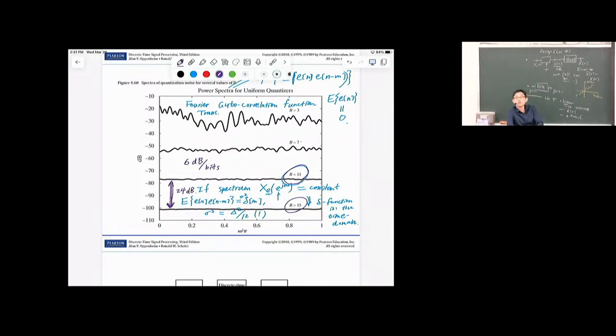When we have 4 more bits, 15 versus 11, we increase our signal-to-noise ratio by 24 dB, because for every extra bit we increase the performance by 6 dB. And that agrees with the fact that power is proportional to the quantization step squared.